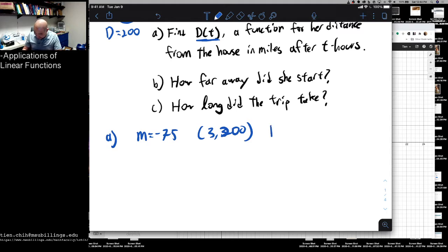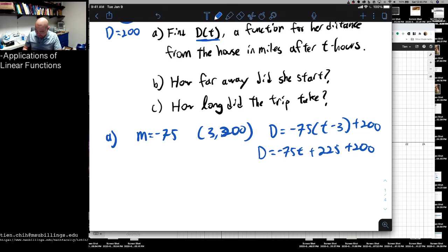So we know that d is equal to minus 75 times (t minus 3) plus 200. So that means d is minus 75t plus minus 75 distributed with negative 3 is 225, plus 200, which gives me minus 75t plus 425.